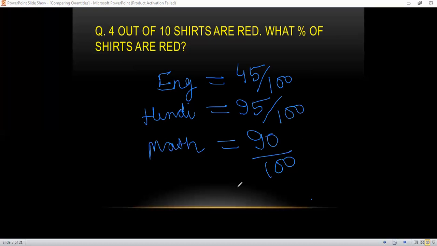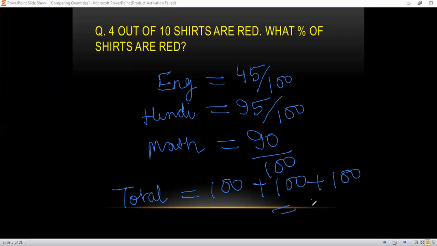First you will add the total marks. So 100 plus 100 plus 100, that is 300. The total value we get is 300, right?